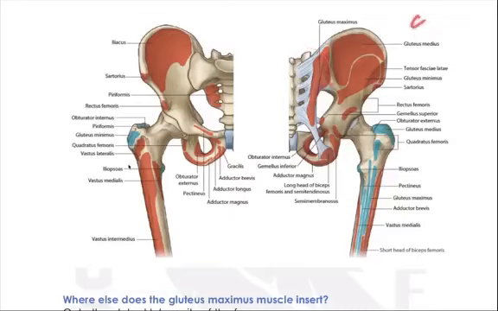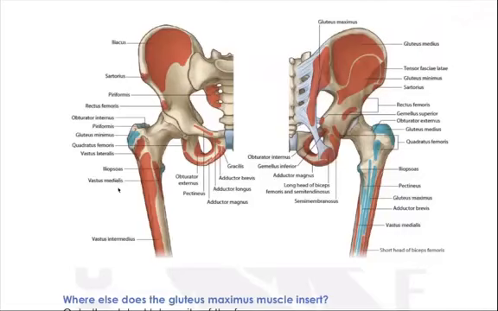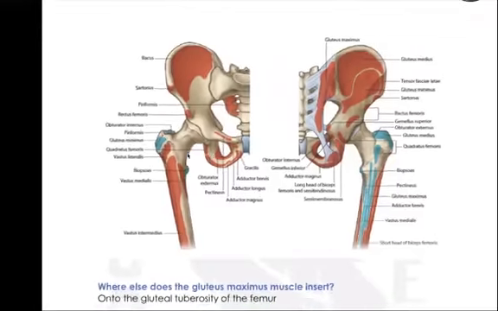Always remember SSS: the sound side sags. That means if there is a problem on the right superior gluteal nerve, there will be sagging on the left side. Is it clear? Yes, sir. What is the name of this clinical problem? Trendelenburg. Fantastic, guys. Excellent.